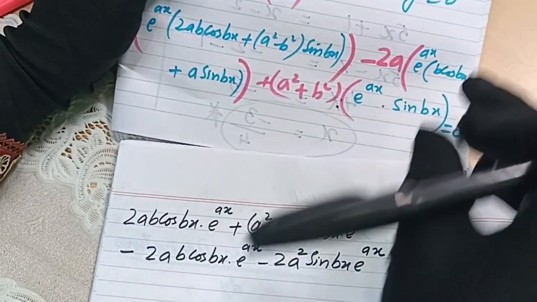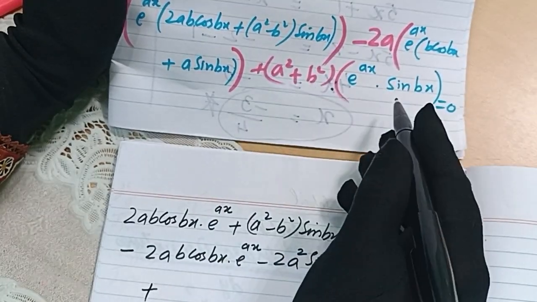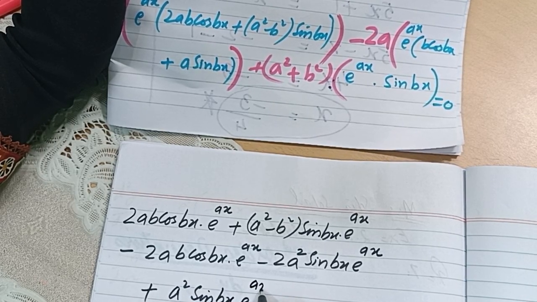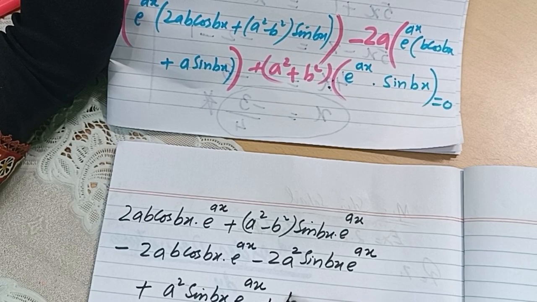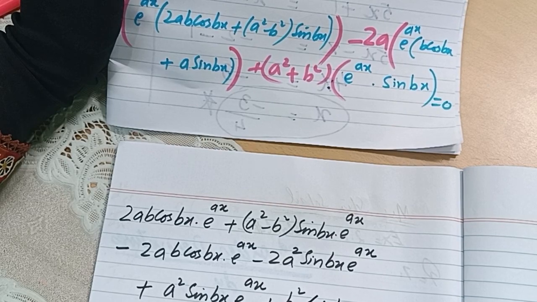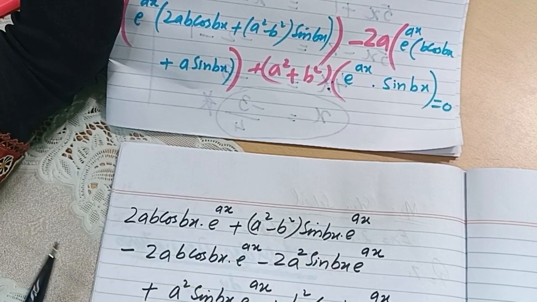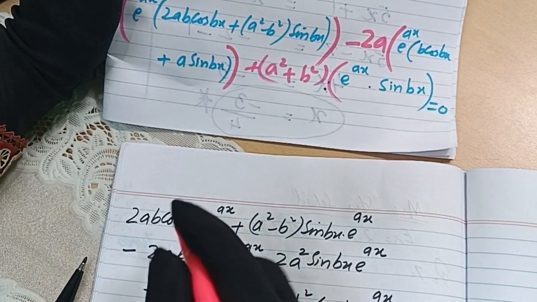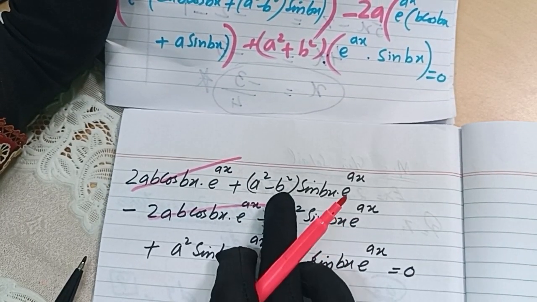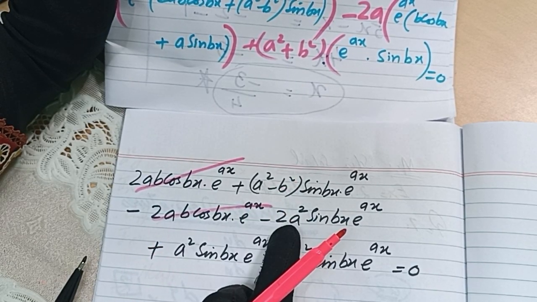Then again plus a square sine of bx e power ax, then plus b square sine of bx e power ax equals 0. Any term is cancelling each other. This is the first term I saw that is cancelling.